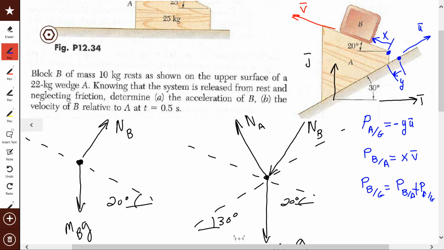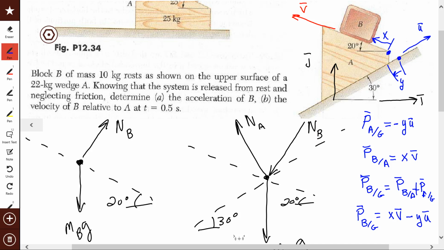Okay, so putting that all together, position of B relative to the ground. These are all directions, they're vectors, so I should be careful, I guess, and put bars over them. So B relative to the ground is B relative to A plus, oops, it would be minus Y in the U direction.